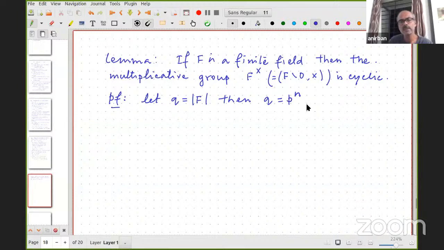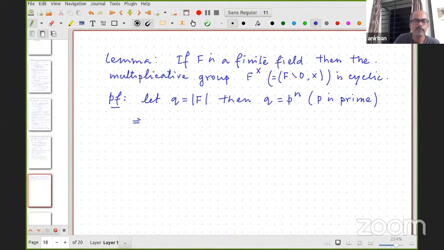So p is always going to denote a prime. This is from the last theorem, that the order of any finite field is of the form p to the n with a prime p. And this p is also the characteristic.